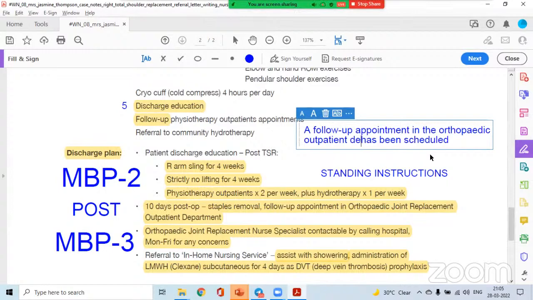We can write orthopedic in capital letters.